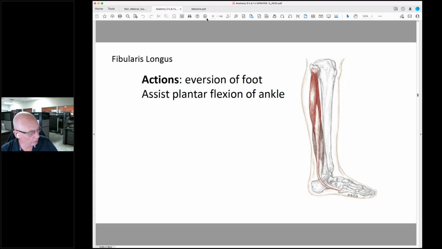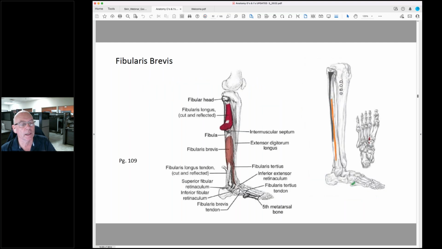Good. So now we're going to move on to fibularis brevis. Once again, cut and reflected fibularis longus to reveal fibularis brevis right underneath, and I'd say even deep to that is fibularis tertius, but that's not part of what we're talking about.